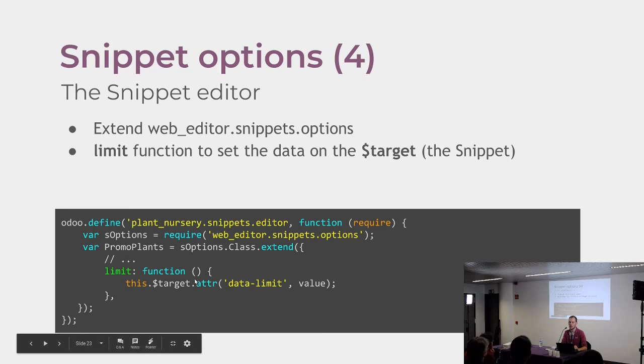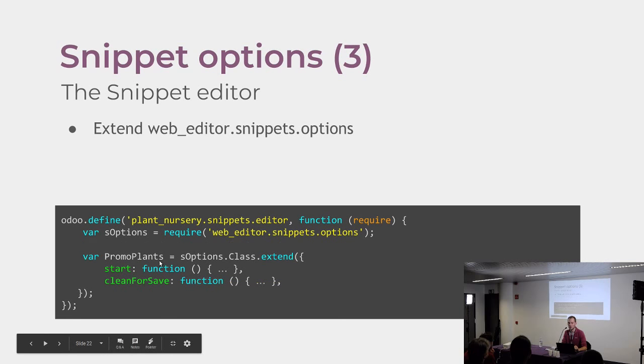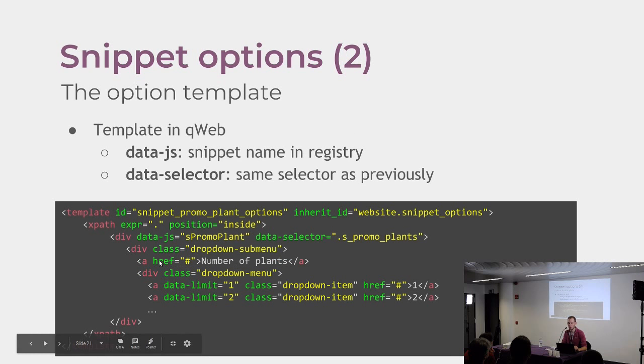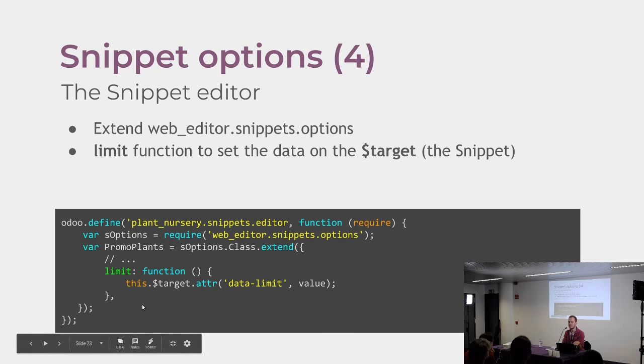And actually, with this special key that I showed you before, this one, data-js, they are already bound. So in the option instance, you have a reference to the building block instance. And this is through the attribute here, $target. So when setting the attribute limit, when you click on it, you actually set the attribute on the building block instance.